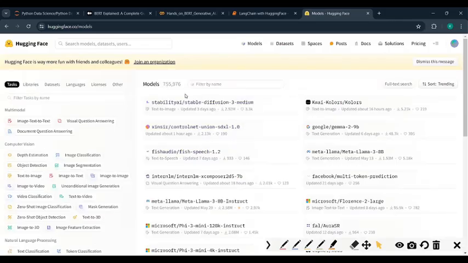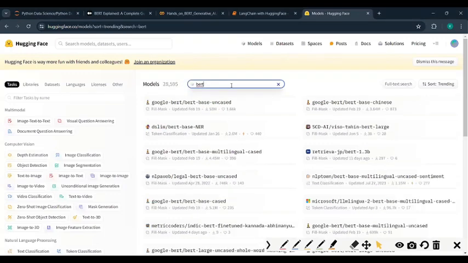If I write BERT here, you'll see bert-base-uncased, bert-base-NER, bert-base-multilingual-cased, legal-bert-base-uncased, bert-base-cased. These are different versions of BERT.